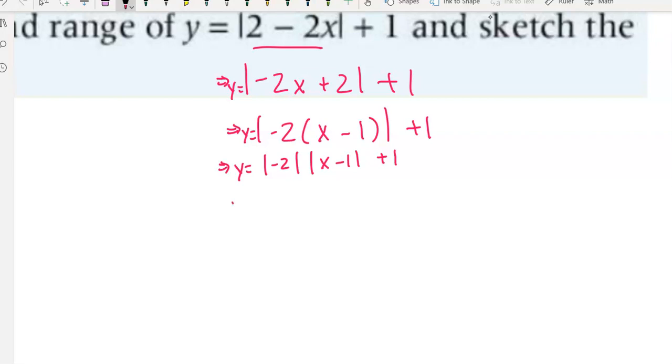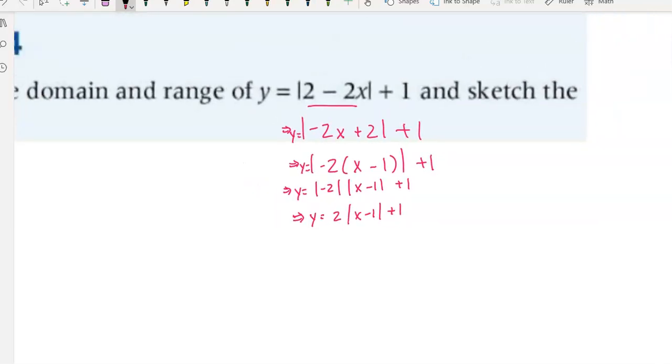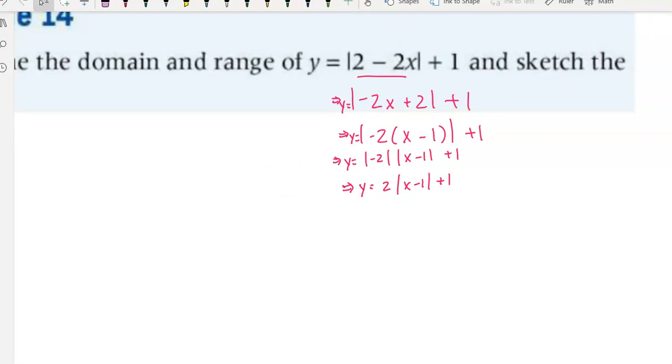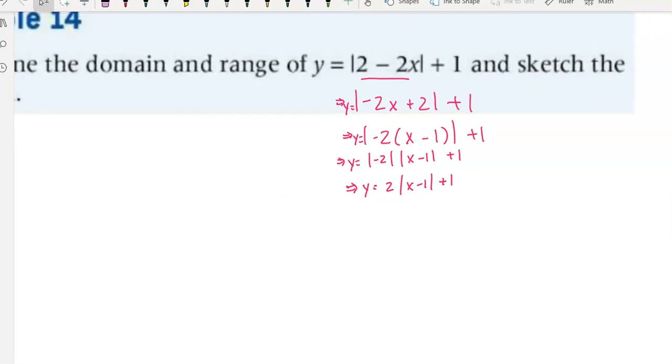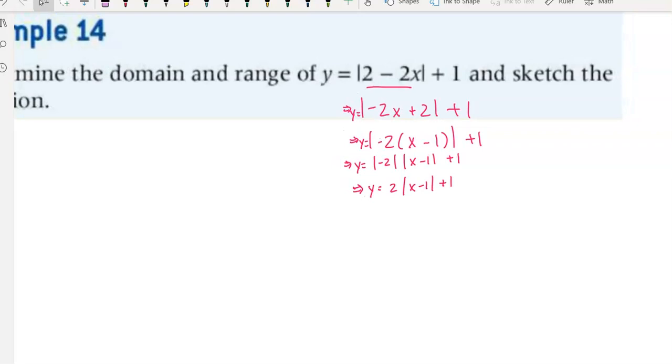Okay, and then that implies that y equals the absolute value of 2(x minus 1). Now, before it kind of looked like it might be a reflection over the y-axis.